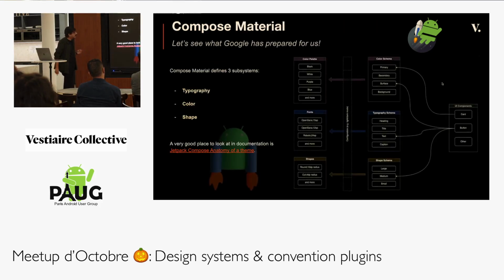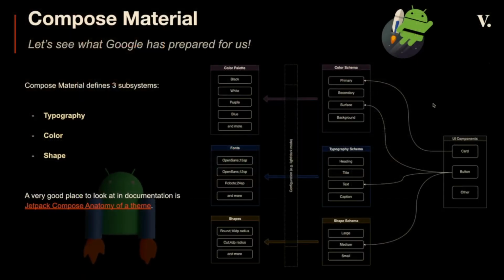Starting with Compose Material. Compose Material, also named Material Design Components, comes easily as a Jetpack Compose library. It is considered a design system on its own that is ready to use. It is composed of 3 subsystems: typography, color, and shape.